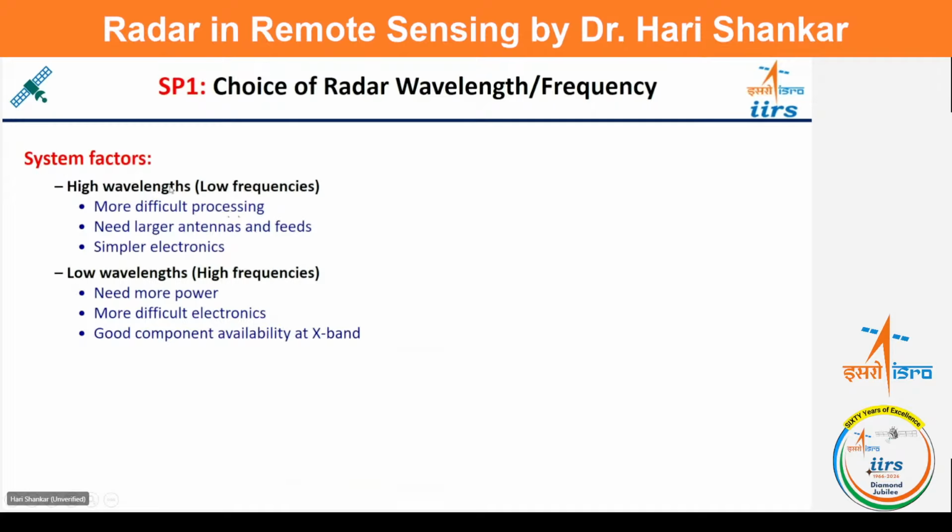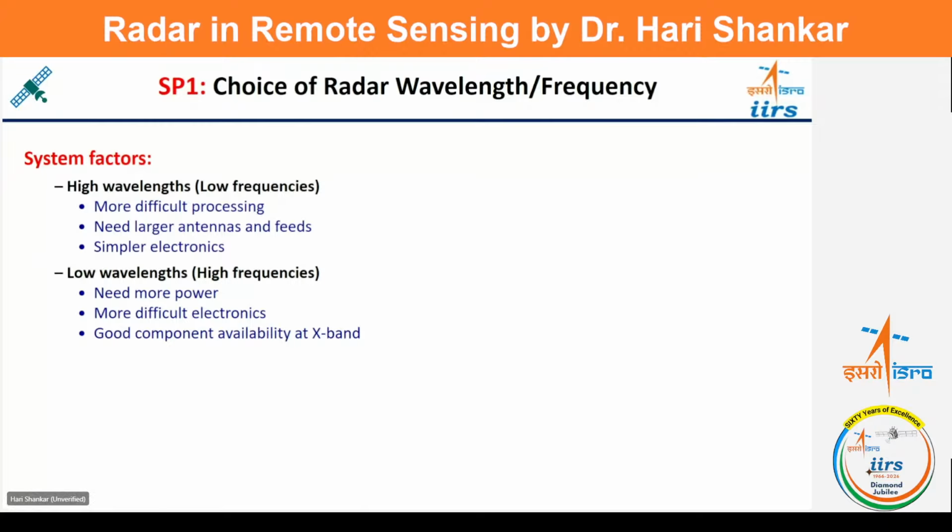For higher wavelengths we need a longer or larger antenna, but simple electronics can also work. But for low wavelength or high frequencies, you need more power, because low wavelength means higher frequency. Higher frequency means hν will be very high.